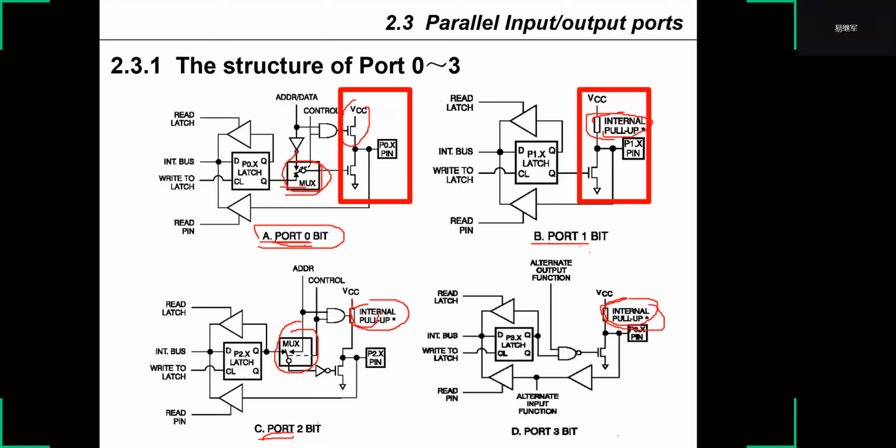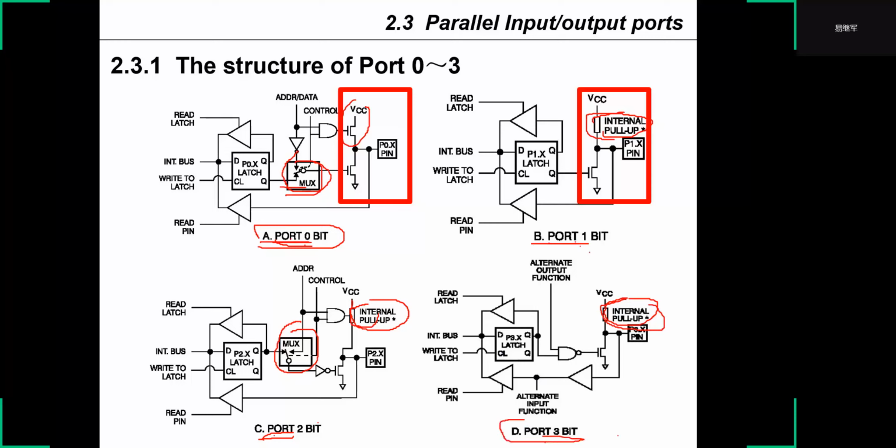When we use port 1, 2, 3 as a common port, they are the same. We just use the common port to output and input the data. Port 1, 2, 3 are the same.